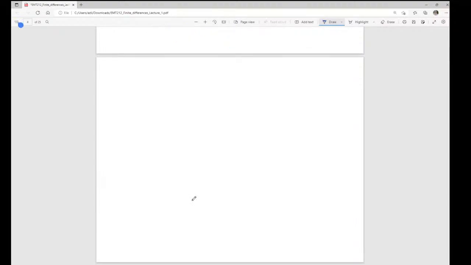So how do we formulate the Taylor expansion series? It's like this. Let's say we have a graph. This is x and this is f(x), right? And we have a curve.